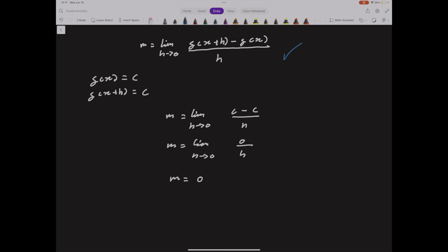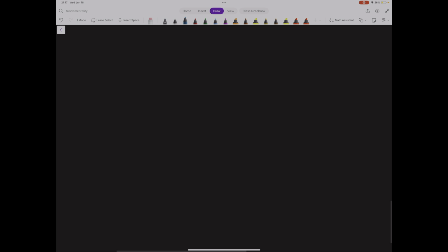Now let's test it with a straight line, y equals mx plus c. Here it's going to be slightly easier, because we know what we're going to expect. We're going to expect m from this, yeah? However, now obviously it's going to be f of x equals mx plus c, and that would make f of x plus h equal to m(x plus h) plus c.